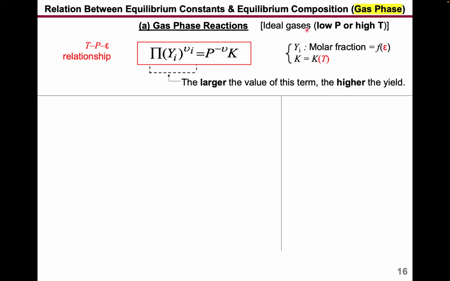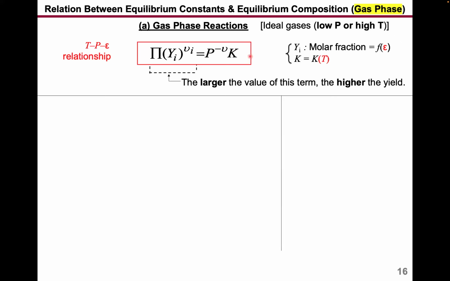Eventually, what you will get for gas phase reactions, again assuming an ideal gas mixture at low pressure, which is 1 bar, or high temperature, is this temperature, pressure, epsilon relationship: the product of y_i to the power v_i is equal to P to the power of minus v times K. Now, molar fraction: remember, we already know how to correlate the molar fraction with the reaction coordinate from the previous slide.